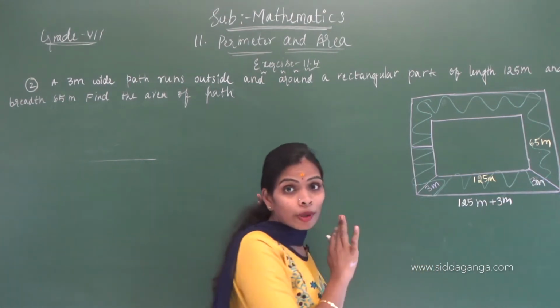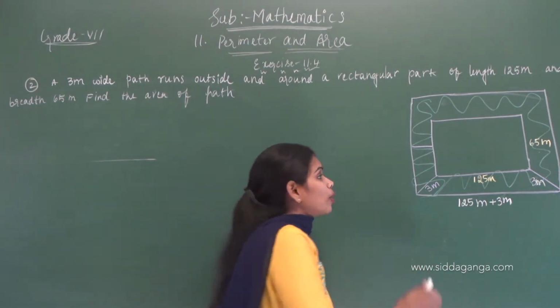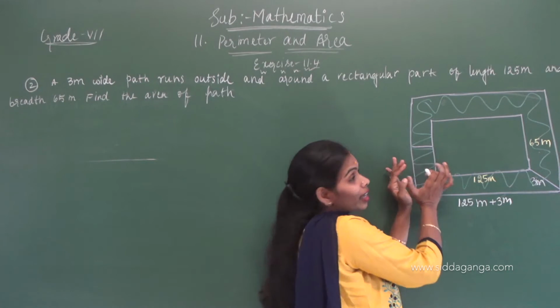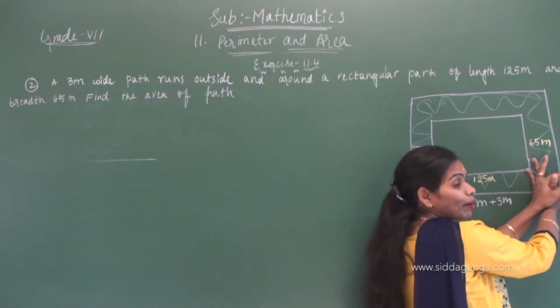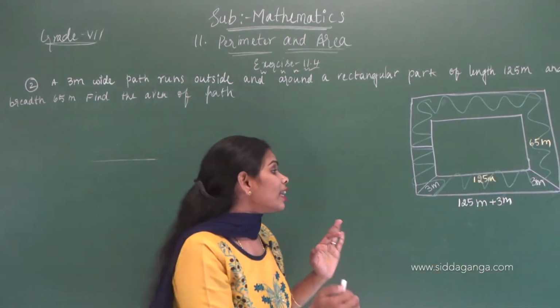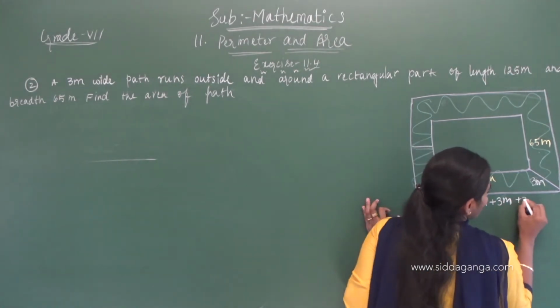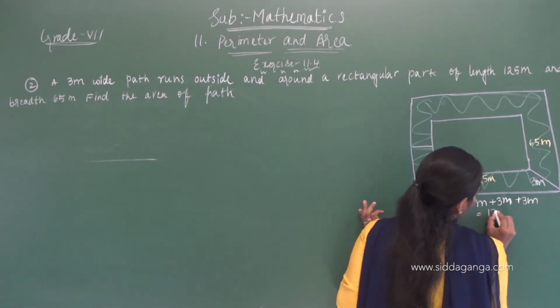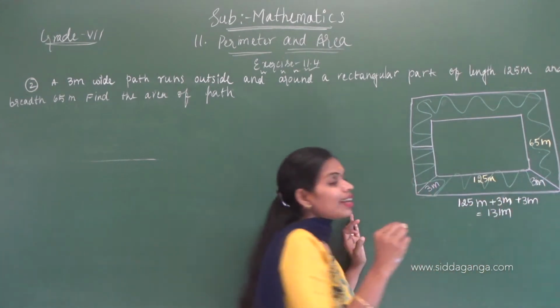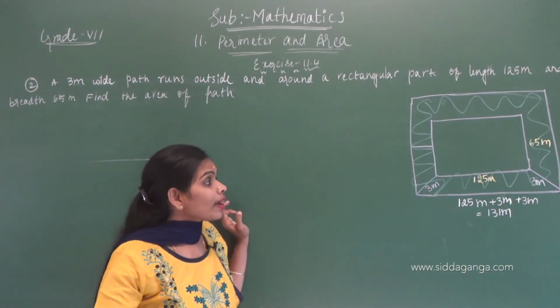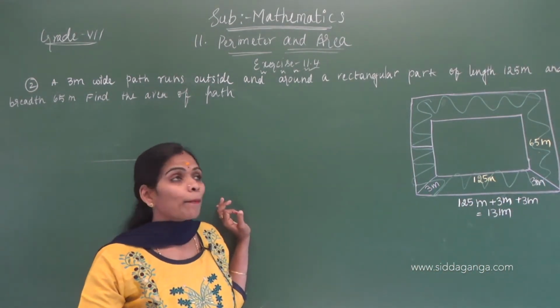You have to add 3 more, because on the left side it is adding 3 and on the right side also it is adding 3 meters. Then we get 131 meters as the length of the rectangular part including the path.